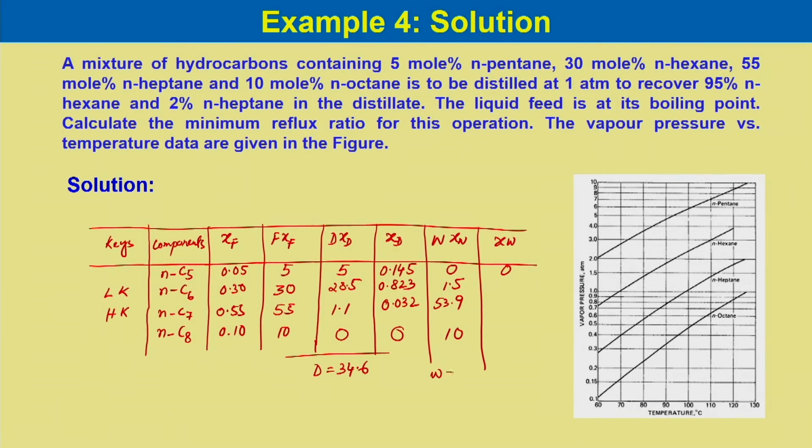So, total W would be 65.4 and then we can calculate the XW, which are 0.023, 0.824 and 0.153.